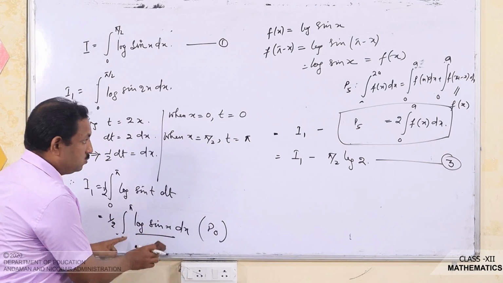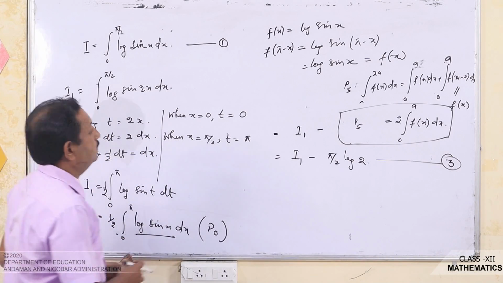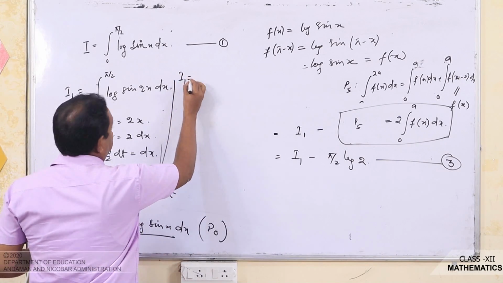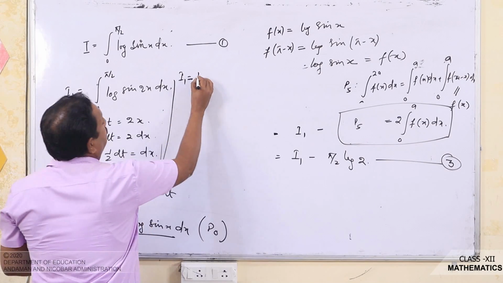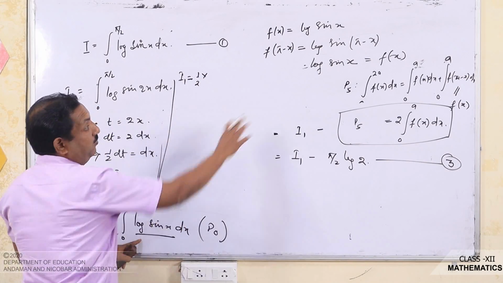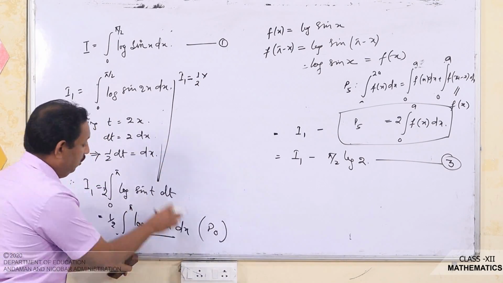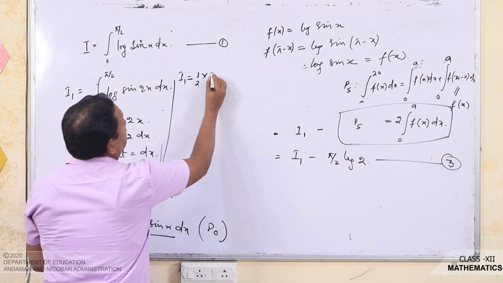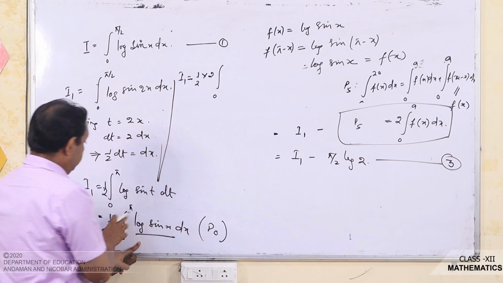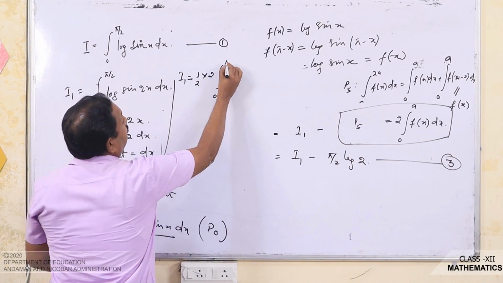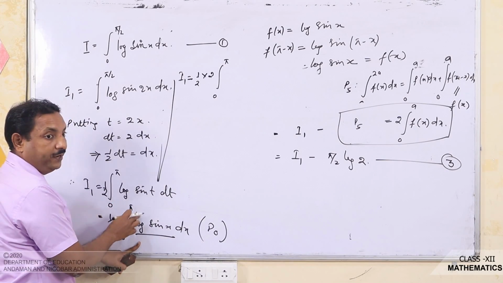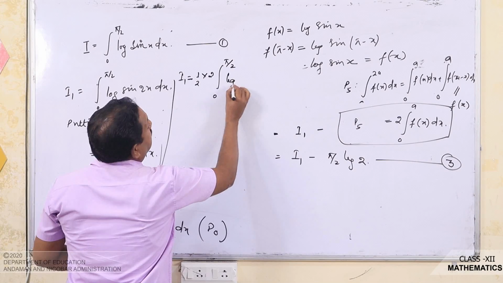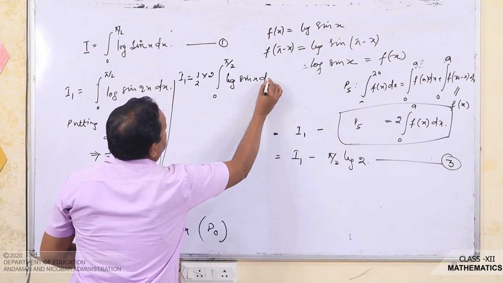So I1 is equal to 1 by 2, and this satisfies that one, so for this full one we can apply property P5 and write it as 2 times 0 to pi by 2, because I have written pi as 2 into pi by 2, of log of sin x dx.